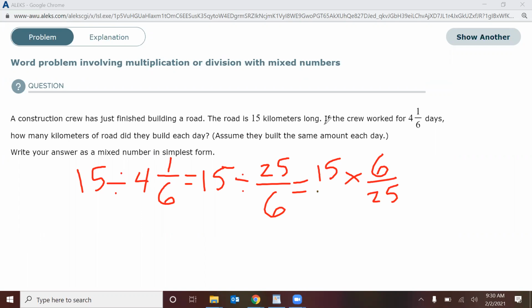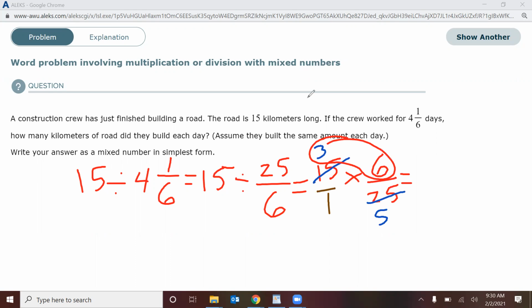And we can throw a 1 underneath the 15. Now that it's multiplication, we start looking for things we might cancel, and I see that we can divide 5 into the 15 and the 25. And 5 divides in 3 times and 5 times respectively.